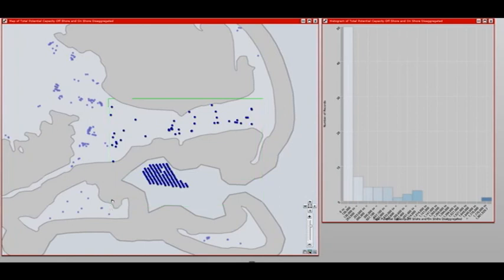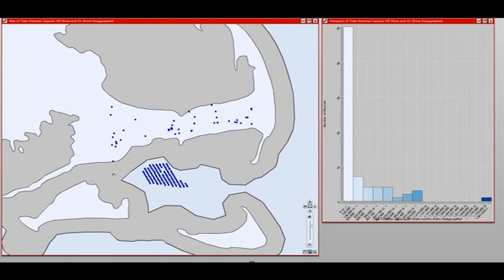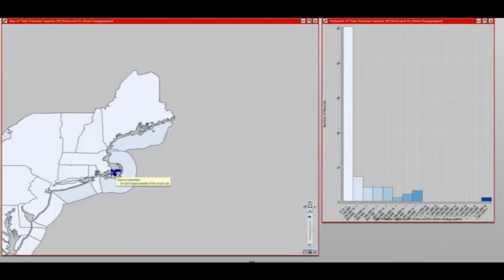Zooming back out, only the subset I have selected is displayed. Along with wind energy resources, we could start considering the planning that might be required to harvest these resources.